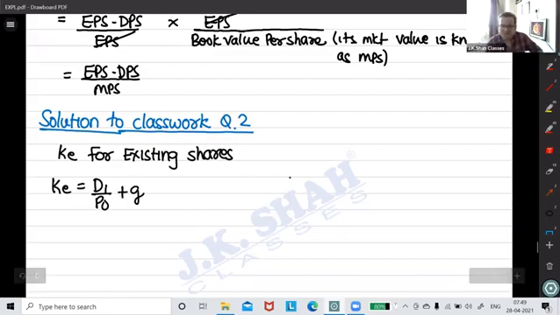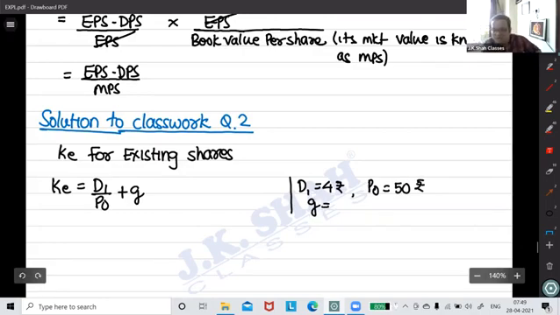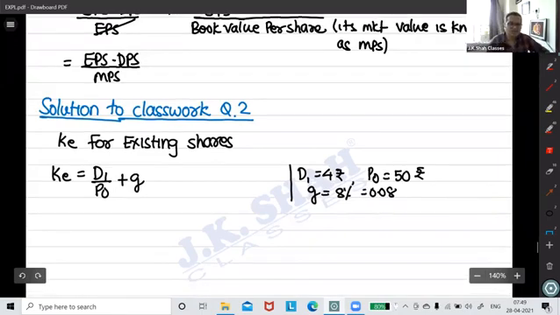Let's write the components one by one. These are the existing shares. So what is going to be the D1? D1 is going to be 4 rupees. P0, 50 rupees. What is told in question? The growth is going to be how much percent? 8%. That is 0.08. So how would you write this?